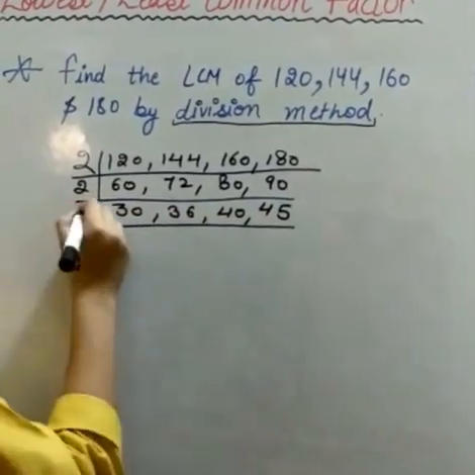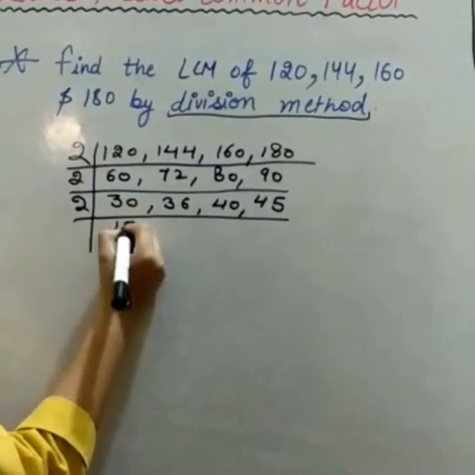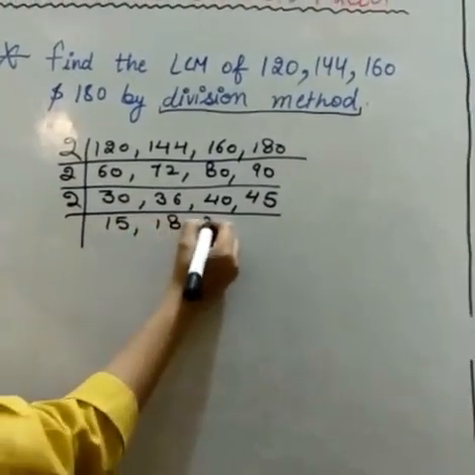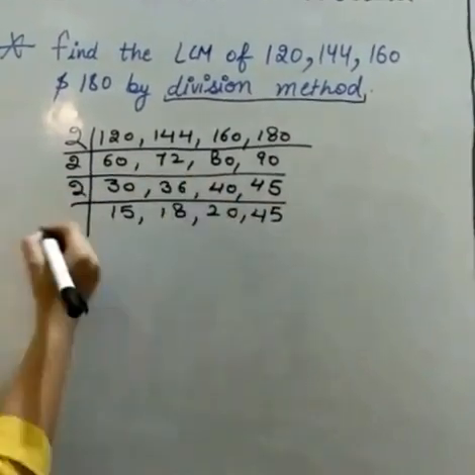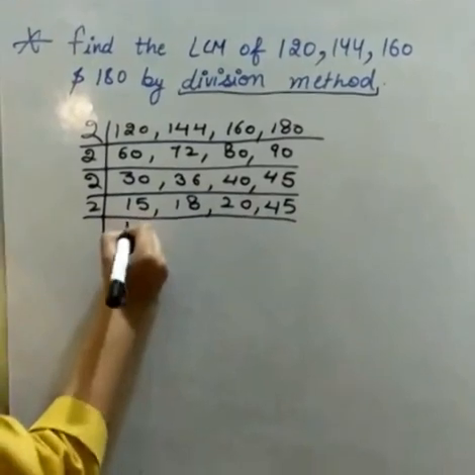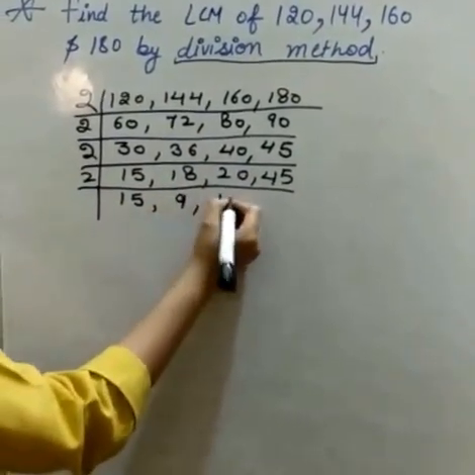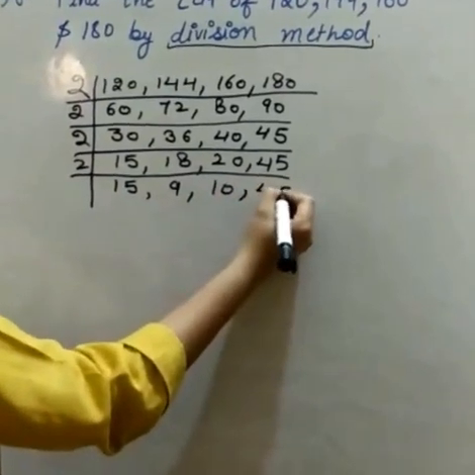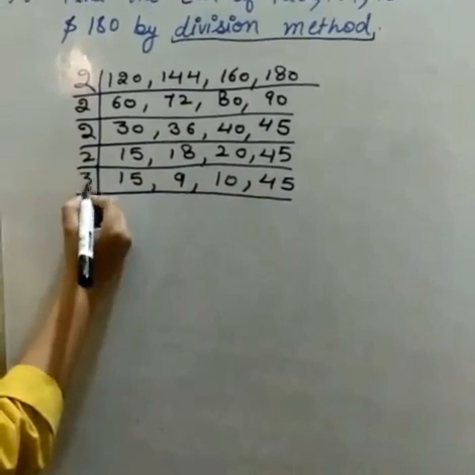Again, divisible by 2 in 3 numbers. So we use 2. 15 will come, 18, 20. 45 is not divisible, so exactly the same we will copy down. Now again 2. 15 is not divisible by 2 so the same will come. Here 9 will come, 10 and 45. Now what will be the next number? 3.